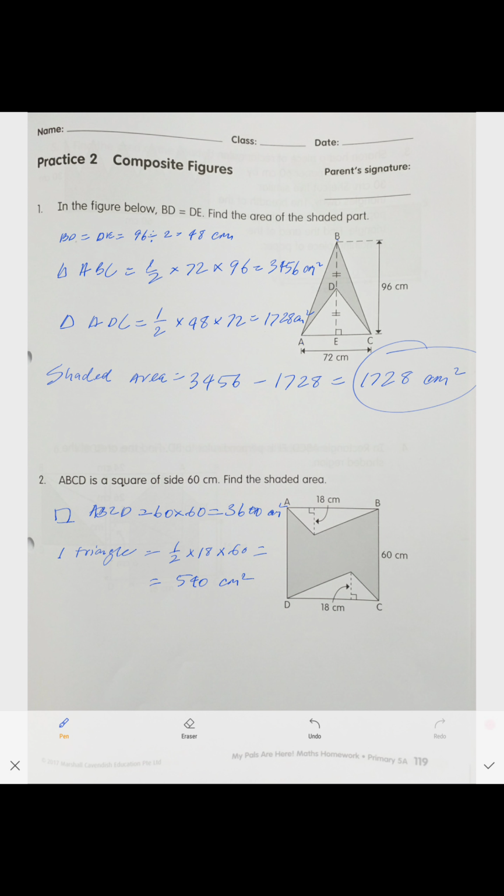So two triangles is 2 times 540, right? So 1,080 square centimeters. And then the difference, shaded area is just the difference. Shaded area is 3,600 minus 1,080, and it is 2,520 square centimeters. All right.